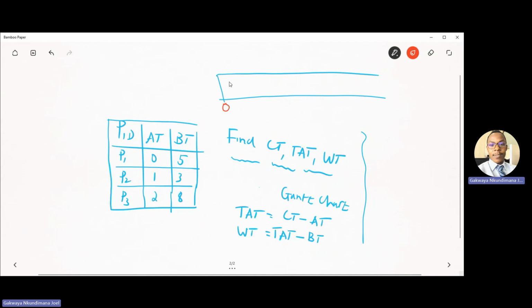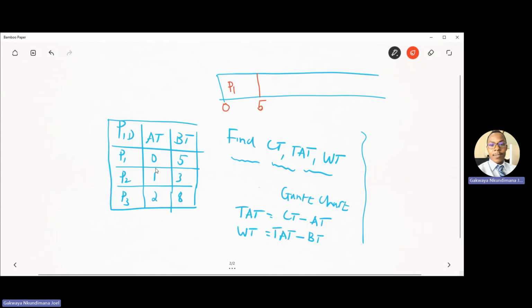So this is P1, and it was given 5 milliseconds to complete the execution. So it starts from 0 and ends at 5.